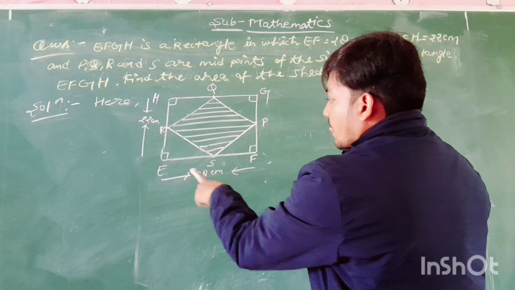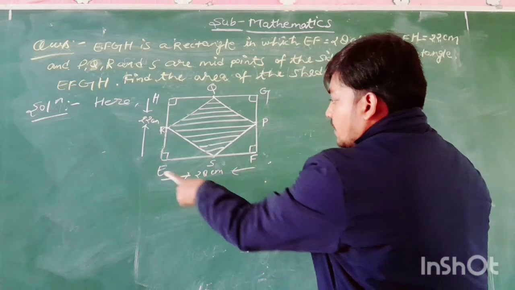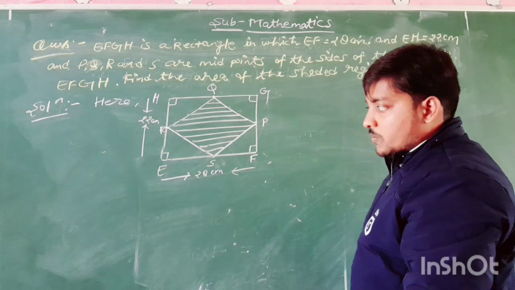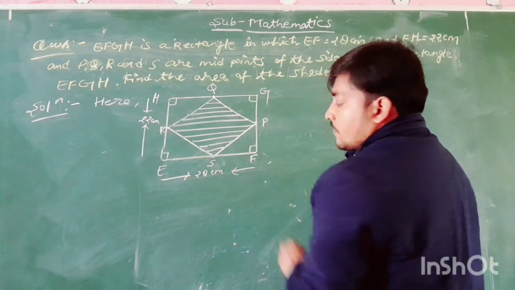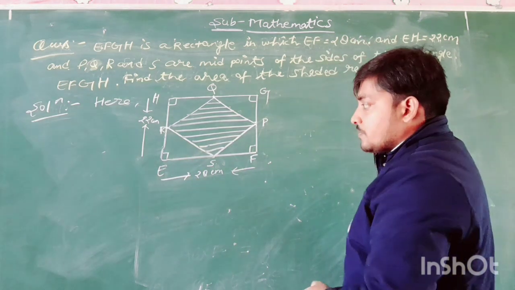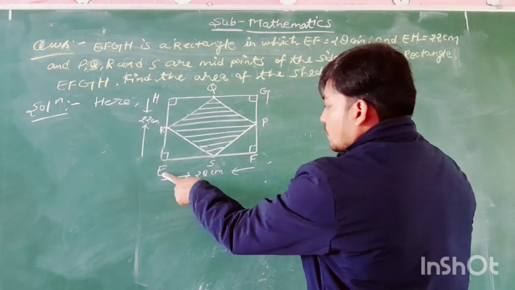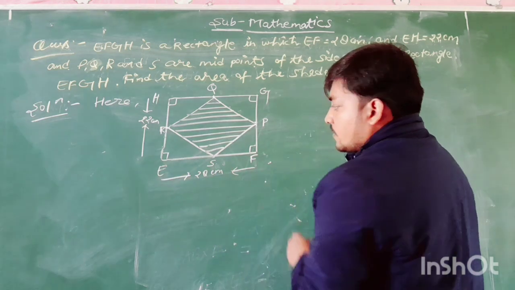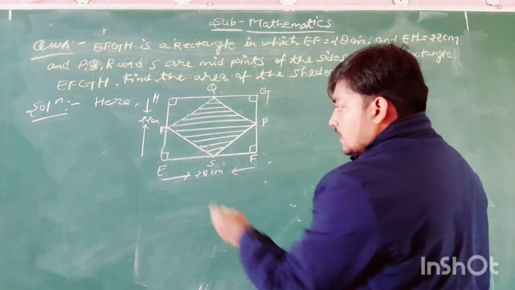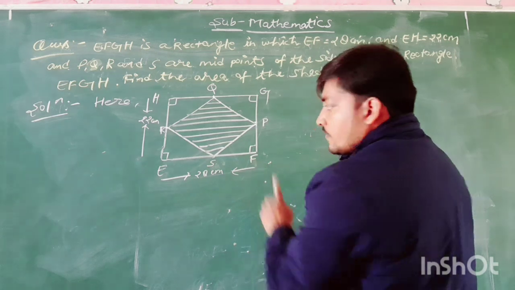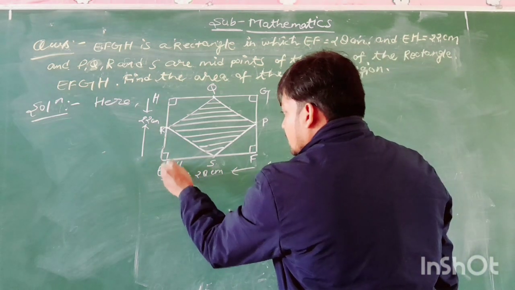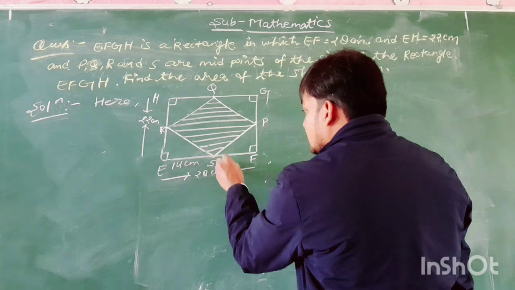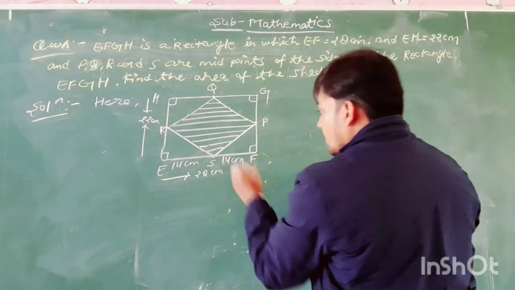Here S is the midpoint of EF. So ES and SF will be equal to each other. EF is equal to 28 centimeter, then ES and SF will be 14 centimeter each.